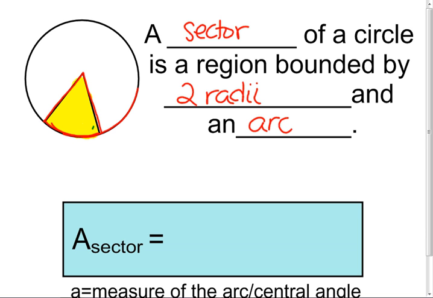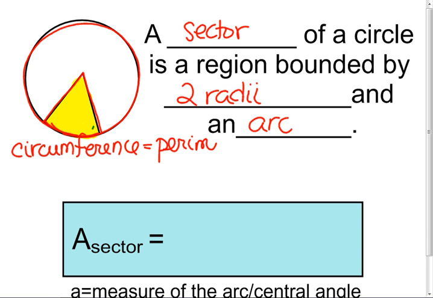This is the circumference, the pie crust around the edge of the circle. The circumference is nothing more than the perimeter, the distance around. The area is the good part. It's how many little squares will fit in here if you wanted to divide it into squares.